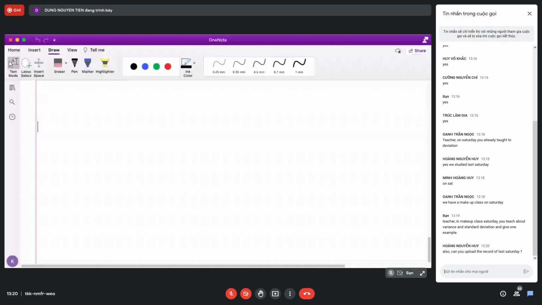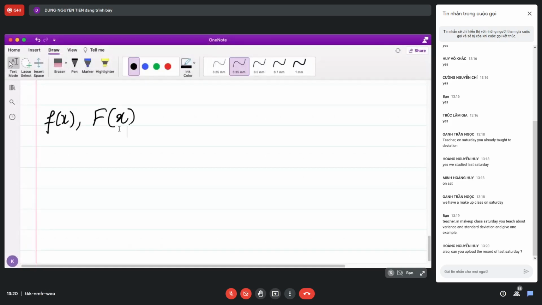Okay, so let me remind you what we have learned so far. I think we already learned the probability mass function and the probability density function, right? We also learned the cumulative distribution function. Based on them, we can define the mean value of x, right? We can define the median of x. Understand?